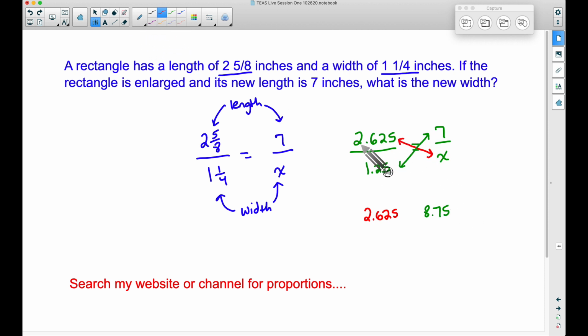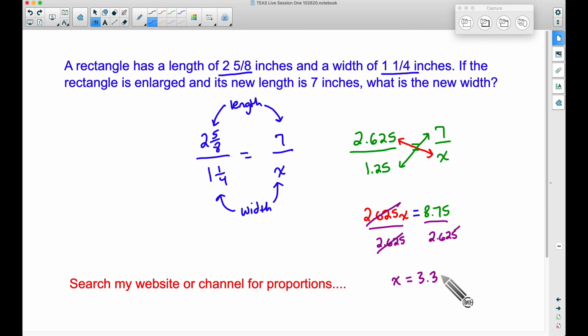I forgot my x. 2.625 times x is 2.625x. We set our two cross products equal to each other, and to get x by itself, we need to divide both sides by 2.625. That's going to cancel those two decimals out there, and when we do this, we're going to get x equals 3.333333333. It's a bunch of decimals.